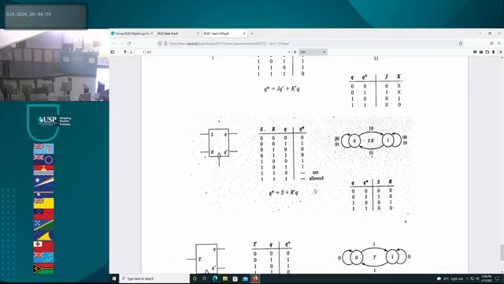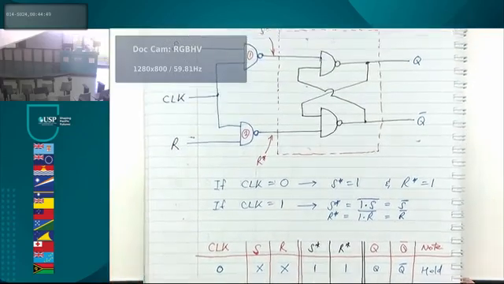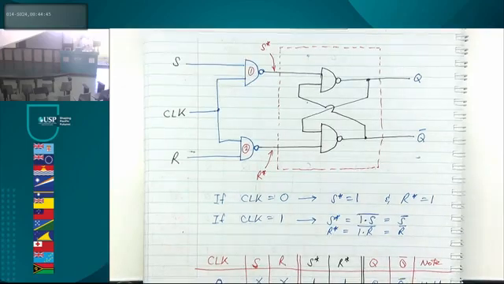If you look at the SR flip-flop, the circuit diagram, let me just flip over to the circuit. If we flip over, we find that the SR flip-flop has got how many inputs? 3 inputs, and 2 outputs, Q and Q bar.